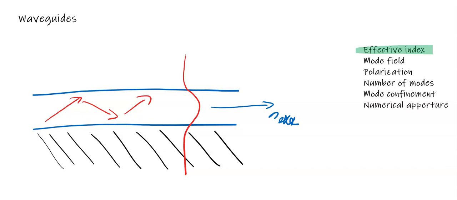The effective index describes the propagation of a mode in a similar way as the refractive index describes propagation of a plane wave. So it has a similar phasor form where the complex phasor presents the wave propagating in the positive z direction.